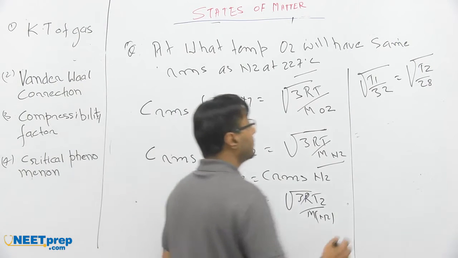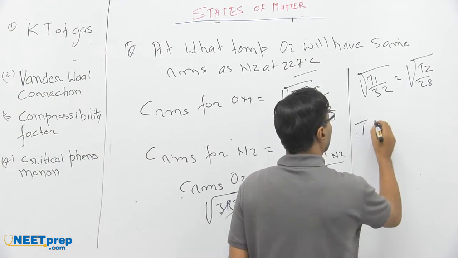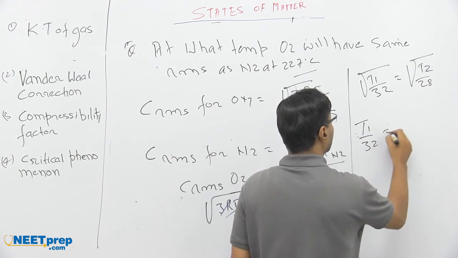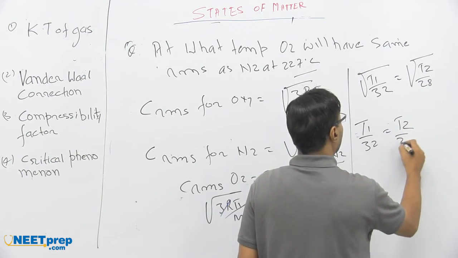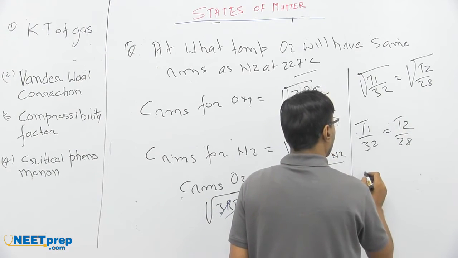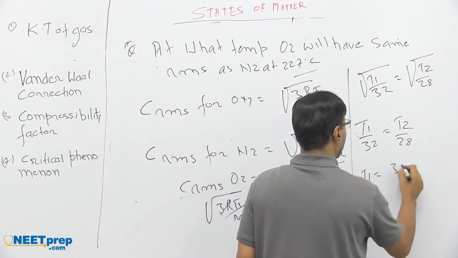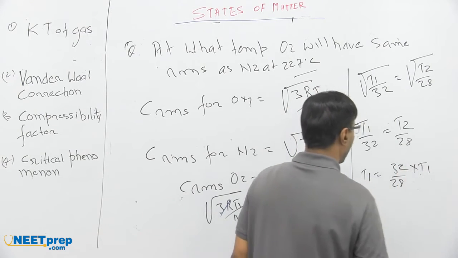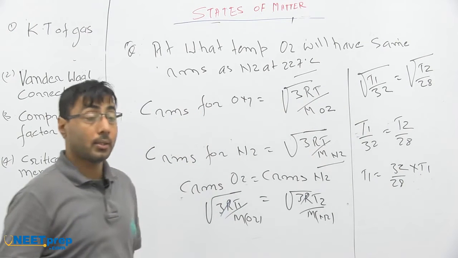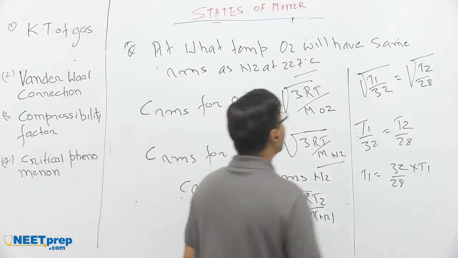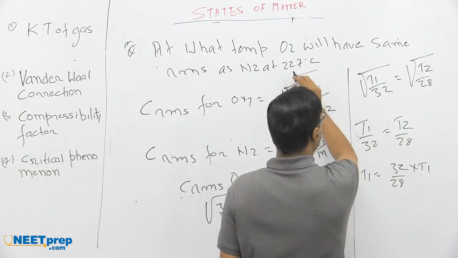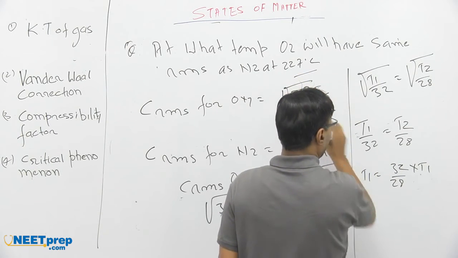We need T1. Take the square on both hand sides. T1 by 32 is equal to T2 by 28. So T1 is equal to 32 by 28 into T2.